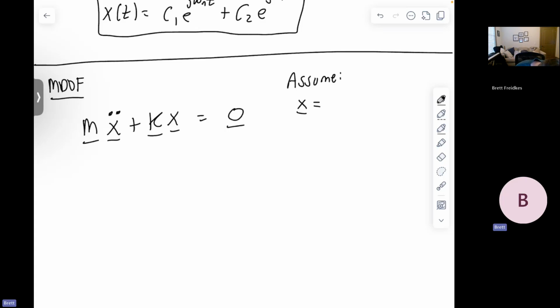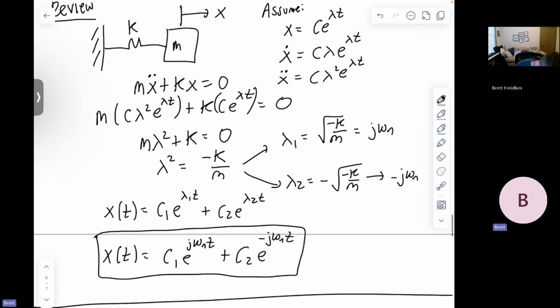I'm going to write this in a very similar form to here, but I need some variable to distinguish between x1 and x2. Because if I write it as c e to the lambda t, that was meant for one mass. And I can't assume that both masses will move at the same amplitude. One might move more than the other, depending on how much they each weigh or what springs are involved.